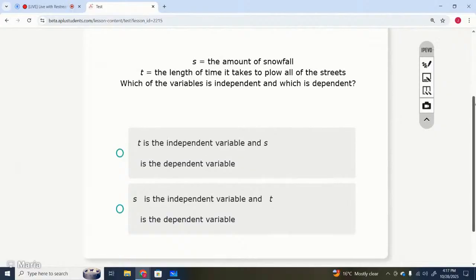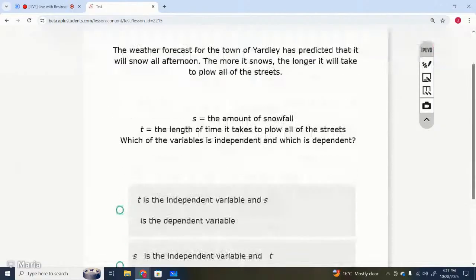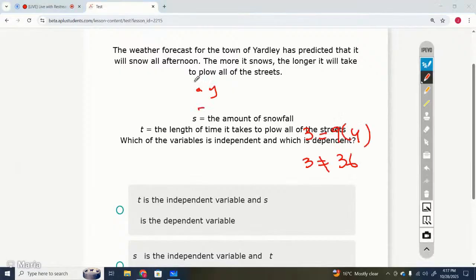Okay, the next one is the weather forecast for the town of Yardley has predicted that it will snow all afternoon. The more it snows, the longer it will take to plow all the streets.